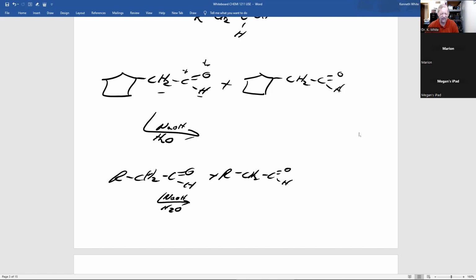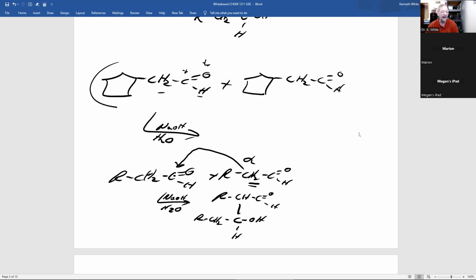It's the aldol condensation. The alpha carbon has acidic protons. Pull one off, form an enolate anion that attacks the other carbonyl carbon. So I'll pull one off. Attacks the other carbonyl carbon right here, opens it up to an alcohol. What was attached to it is still attached to it. And what's our? A cyclohexane ring.